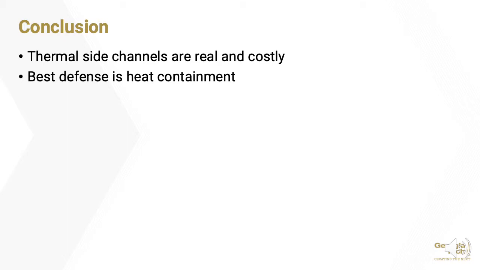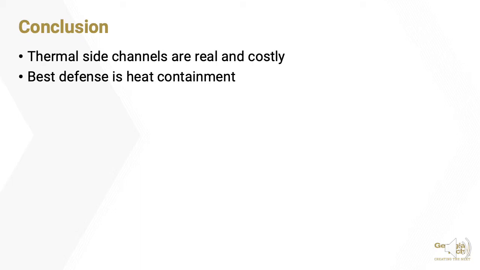So in conclusion, thermal side channels are real, but would be more successful in data centers of tier 1 to tier 3 due to their lack of redundancy or low redundancy. If an attacker is successful, an attack can actually result in tens of millions of dollars, as I pointed out with the Delta Airlines example.